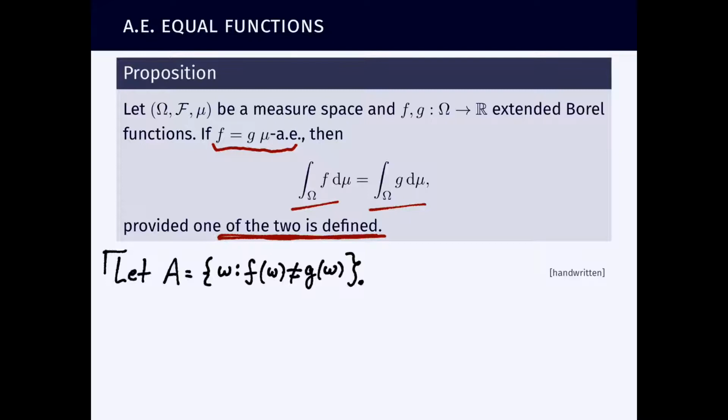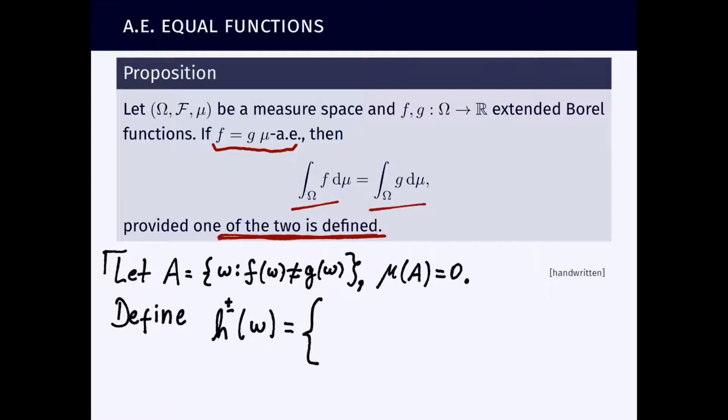Start by defining the set A, which is the set where the functions may disagree, and by assumption the measure of the set A equals 0 because the functions are equal almost everywhere. Then let us define these two extreme functions, h plus and h minus, as follows.